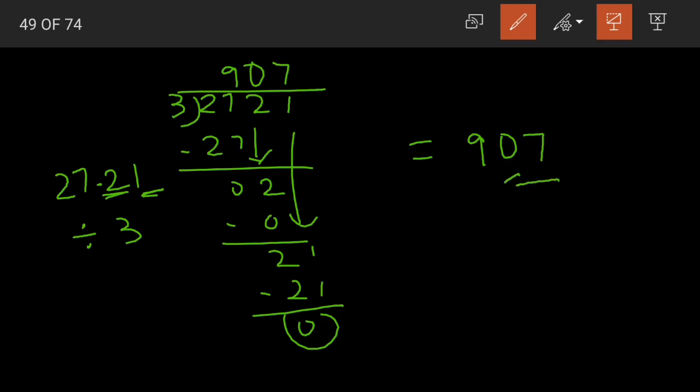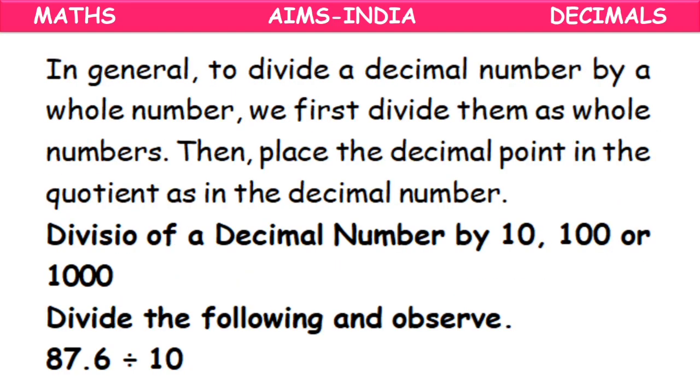So in the quotient we have to place our decimal point after 2 digits from the right. 9.07 becomes our correct answer. Is it understood, children, the division of decimal numbers? In general, to divide a decimal number by a whole number, we first divide them as whole numbers. Then place the decimal point in the quotient as in the decimal number.